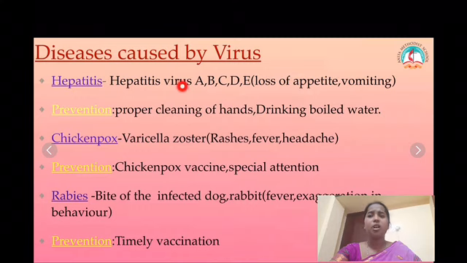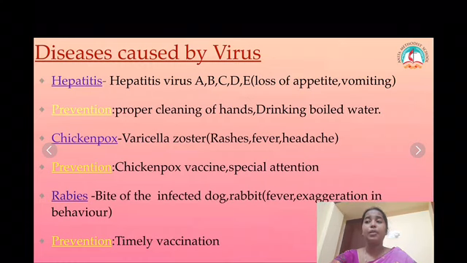What are diseases caused by viruses? Hepatitis. Hepatitis is caused by hepatitis virus A, B, C, D, and loss of appetite and vomiting are the symptoms of hepatitis. For hepatitis, prevention is proper cleaning of hands and drinking boiled water.